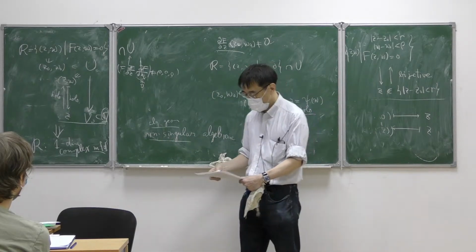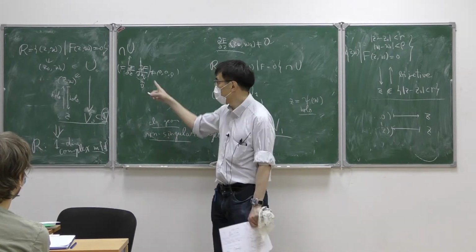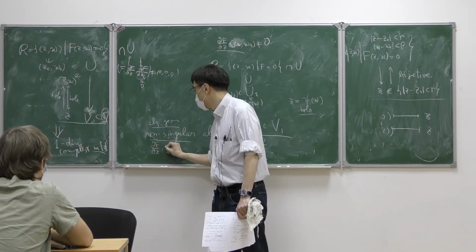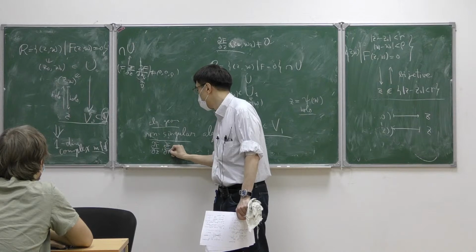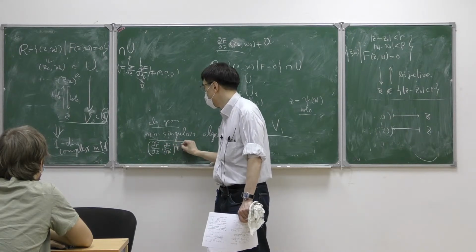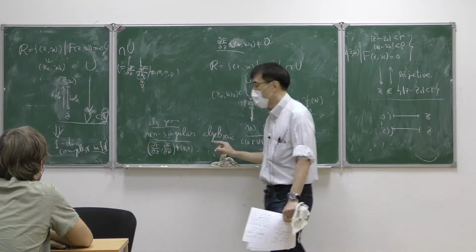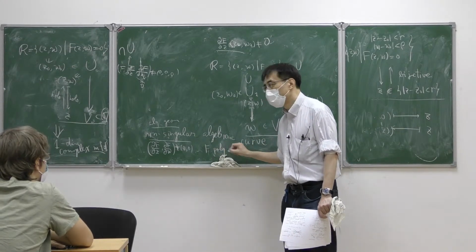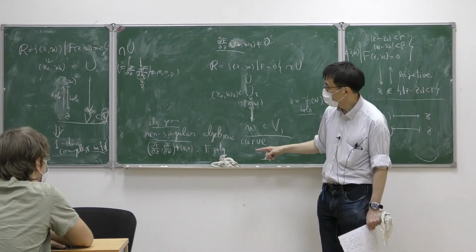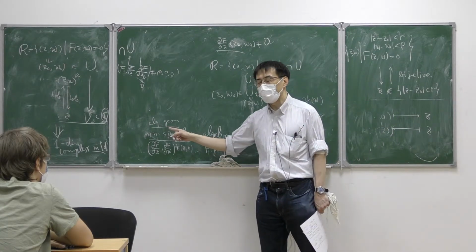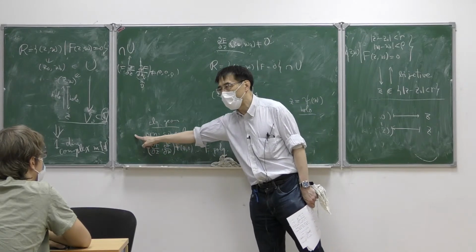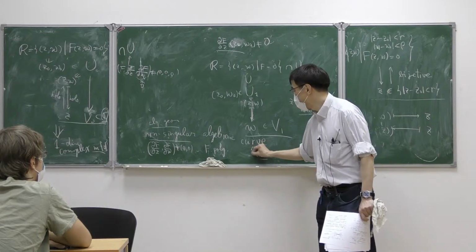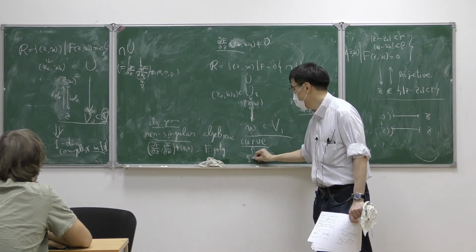Non-singular because there is no singular point. Algebraic because F is a polynomial. Exactly speaking, we have to add affine or something like that, but probably you know better. And curve because it is one-dimensional.